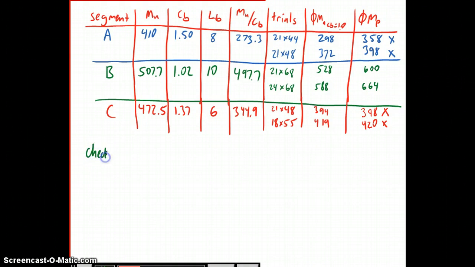So check W21 by 68. And we need to go to table 3.2 and get some important information about this W21 by 68.